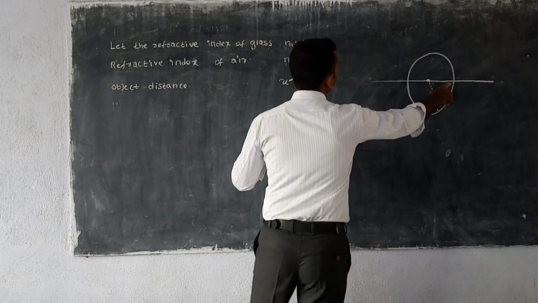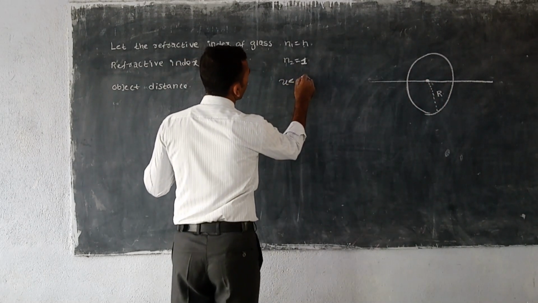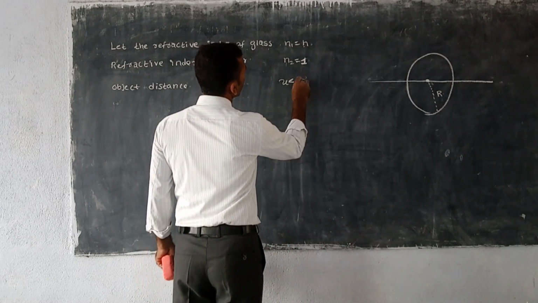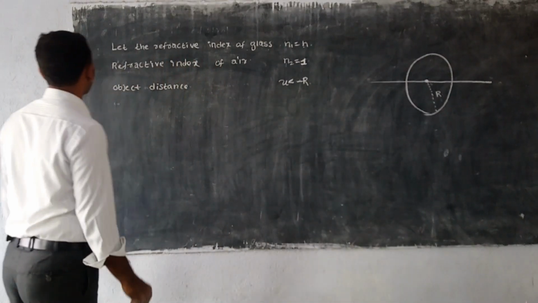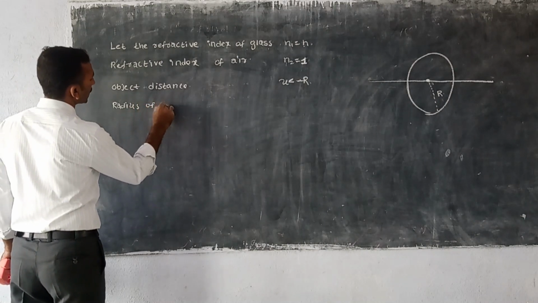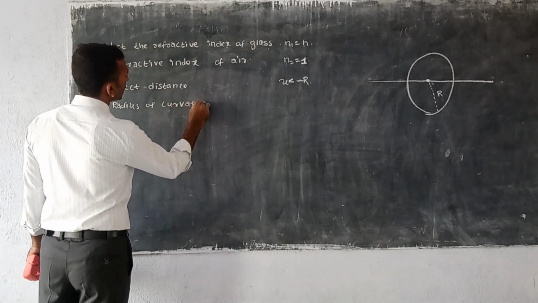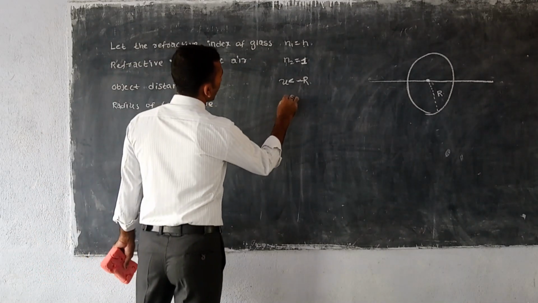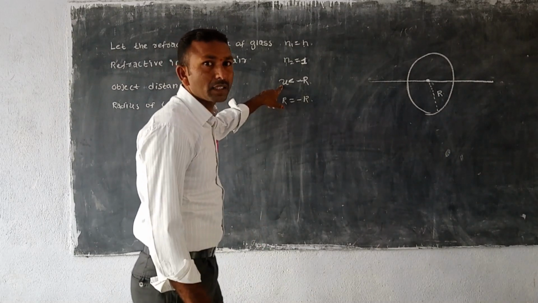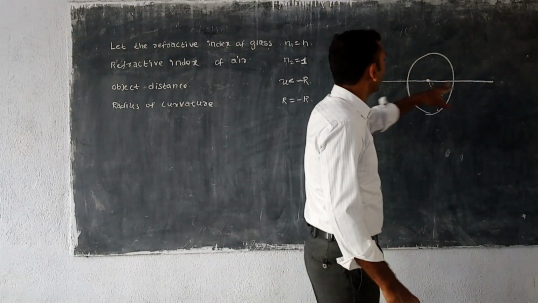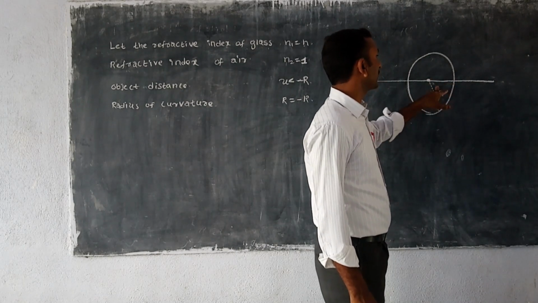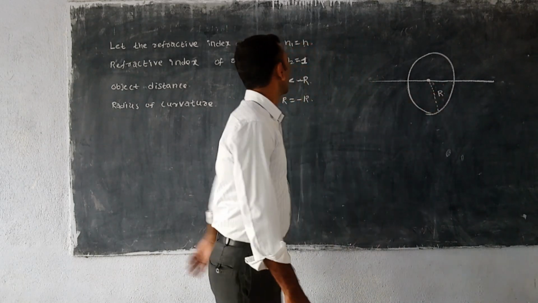The object is here, so u equals minus R. Radius of curvature R equals minus R as well. Why are we taking the object distance as R? Because we are observing from this surface, so the distance between the object and the surface is also the radius of curvature. That's why it will be R.